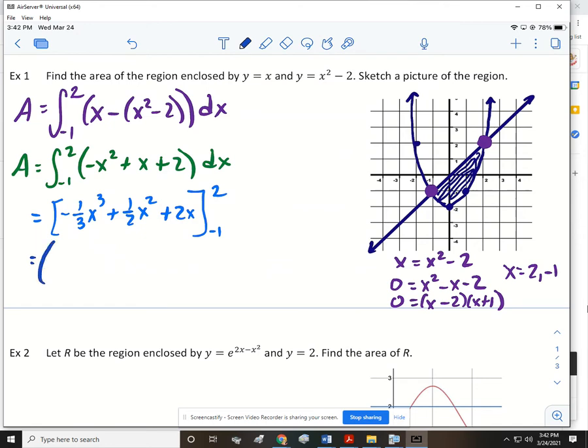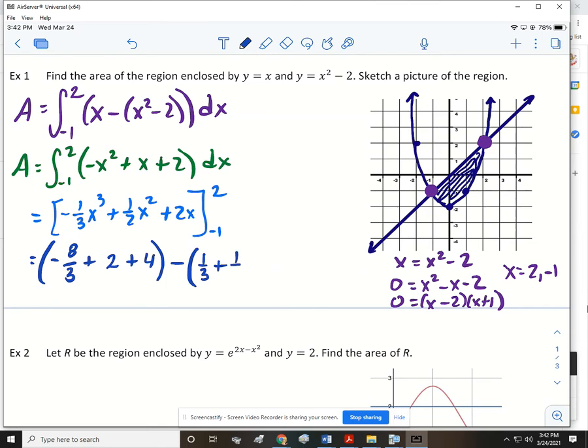So let's just start with 2. So when I cube 2, I get 8. When I square 2, I get 4, and then 4 times 1/2 is 2, and then 2 times 2 is 4. Okay. Then whenever I put in -1, when I cube -1, I get -1, and a negative times a negative is positive.